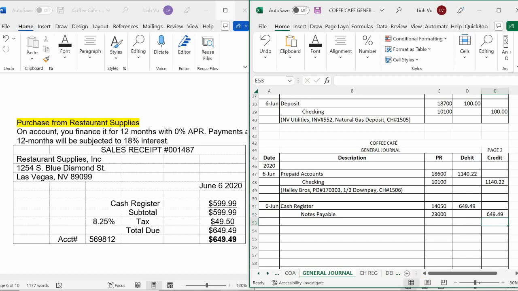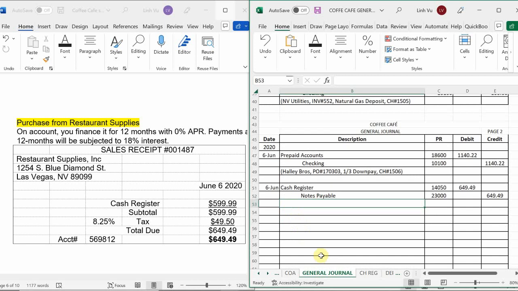Awesome. So we have every piece of information that we need to put our description. We bought our register from Restaurant Supplies.